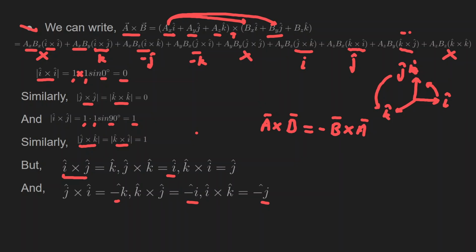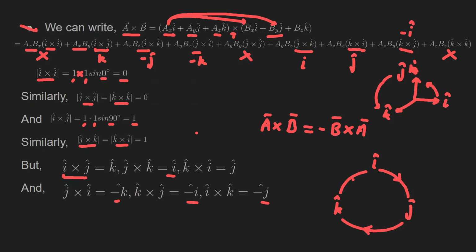Now there is a cyclicity rule; we call it a trick, but actually it is not a trick. We can use the right hand rule in this diagram and find it out. So I, J and K, we write it in this way, and we draw this cycle. The arrow, the flow, is important.